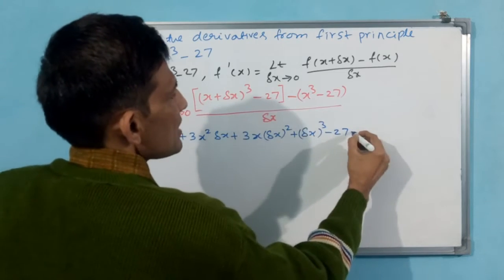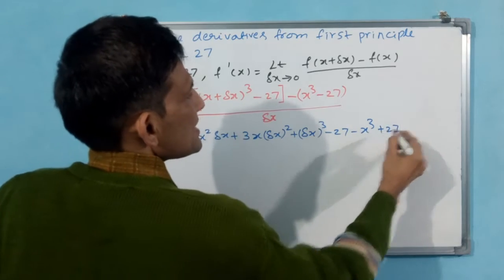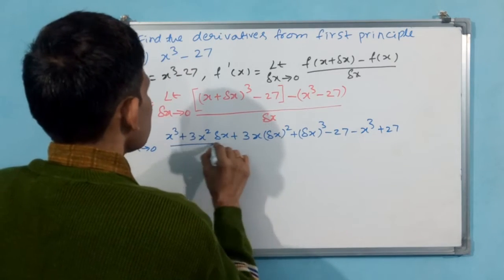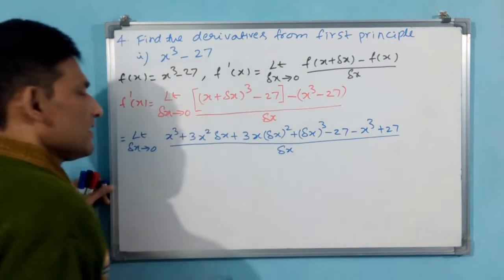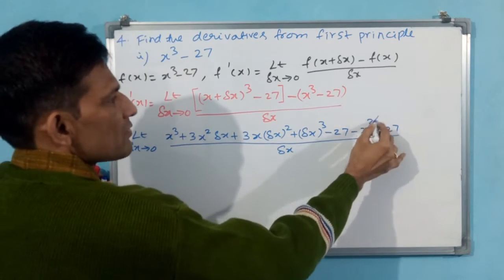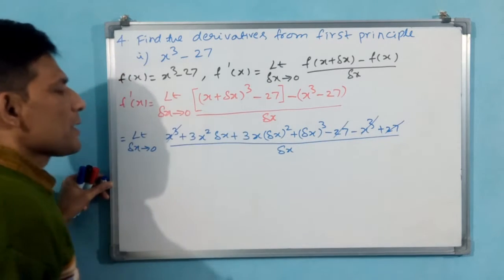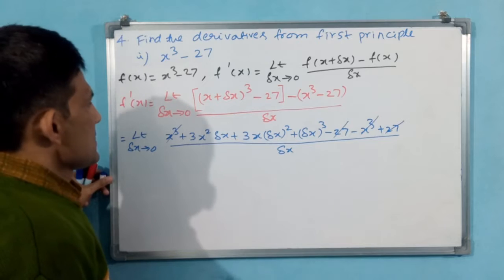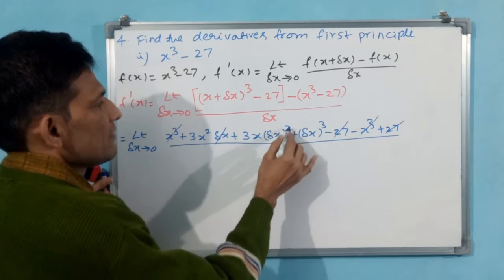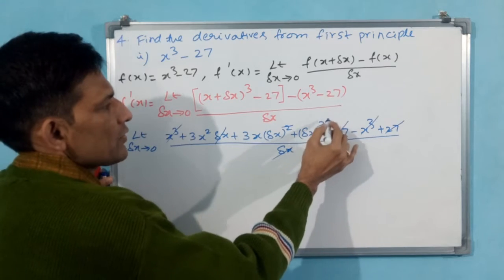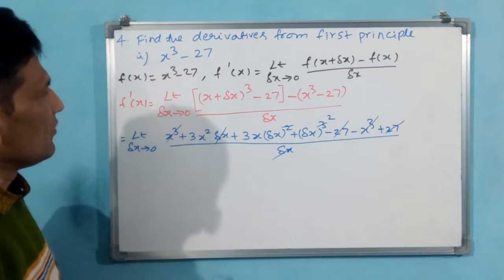Directly I am writing minus x cube plus 27, whole divided by delta x. Now you see, first x cube minus 27 are going to get cancelled, plus 27 minus 27. And you see here one delta x, and here cube will become square. That also you can do at one go.